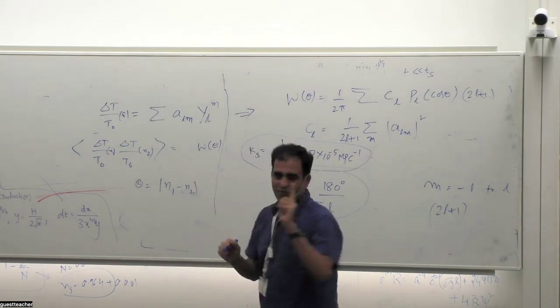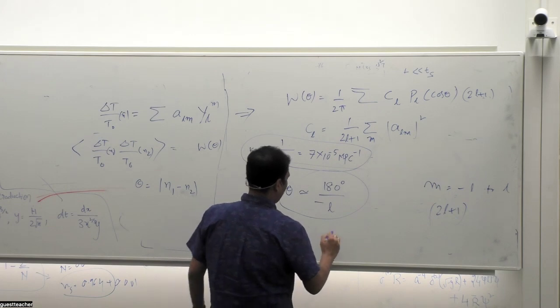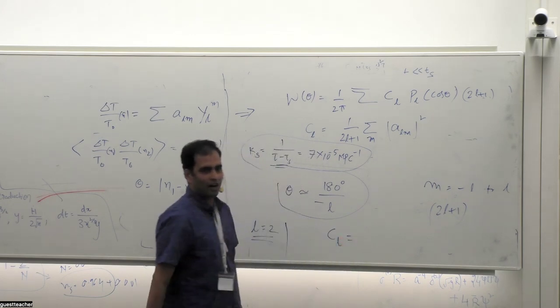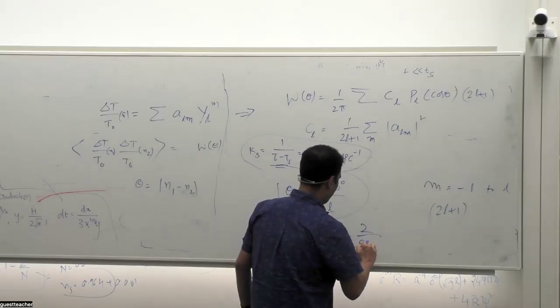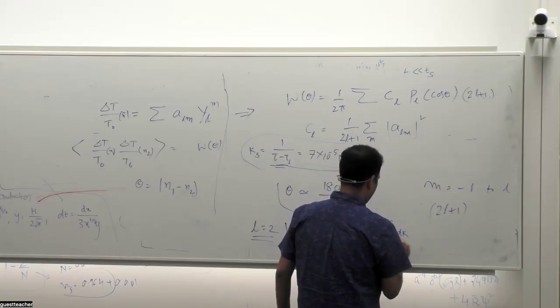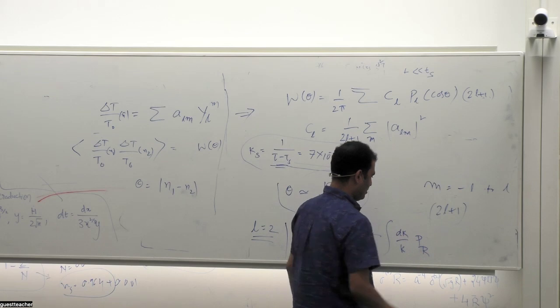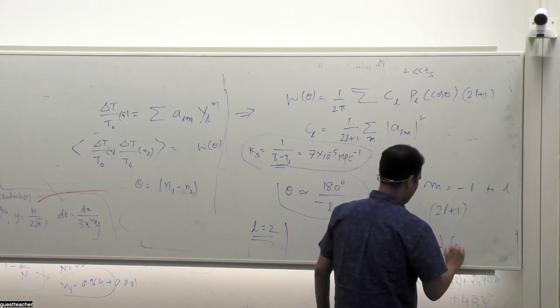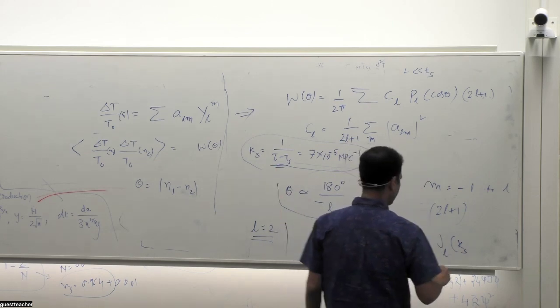But let me finish it in 1 minute, please. So C_L, after all the computation, is 2 by pi times dk by k, the power spectrum of curvature perturbation, and some Ks I defined here.